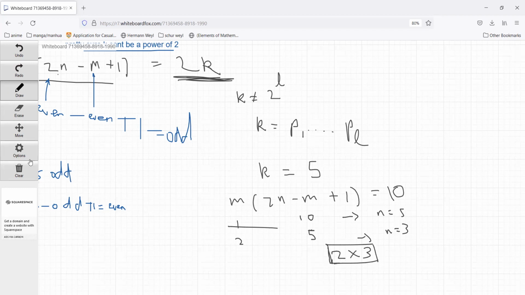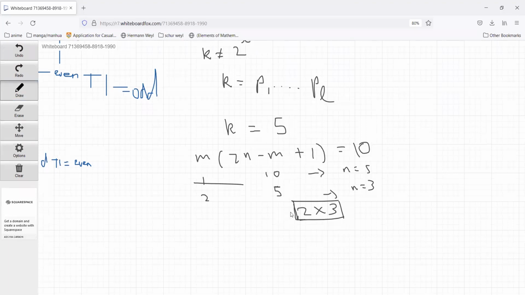But what was important here? The fact that whatever k is, since we have 2k here, we always have the factor of 2 here.